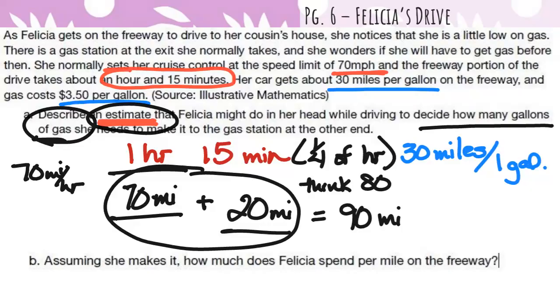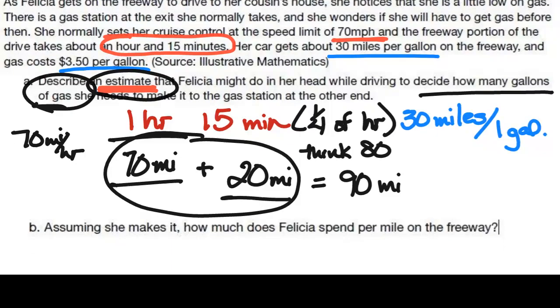Okay? Her car gets 30 miles on 1 gallon of gas. So if she has to go 90 miles, how many gallons of gas is she going to need? What would we need to do? Divide by miles per gallon. Right.